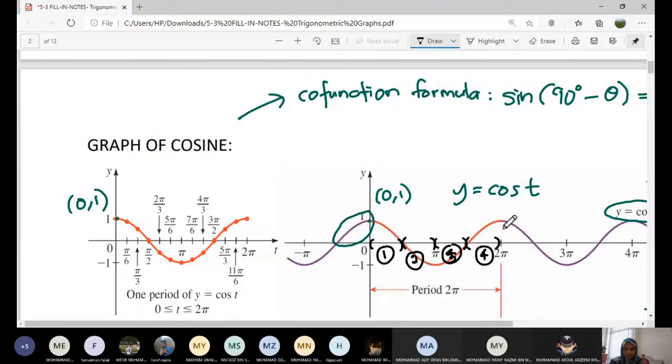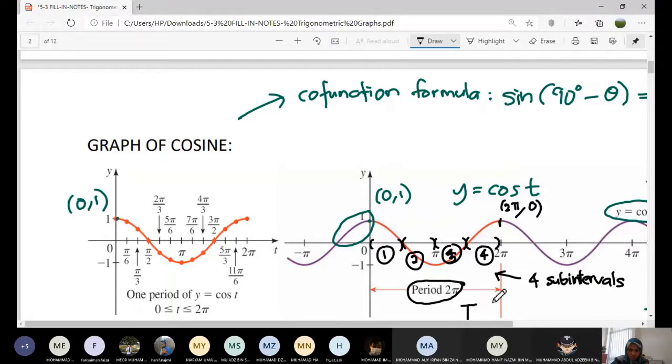So for one complete cycle, from 0 up to 2 pi, we have 4 subintervals, and the length here is 1 period, which is your T just now.